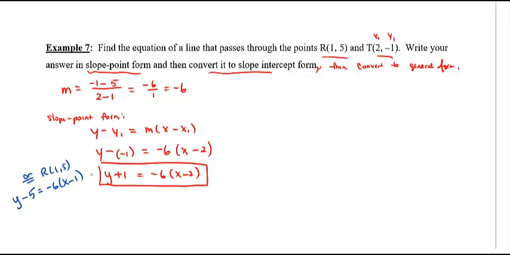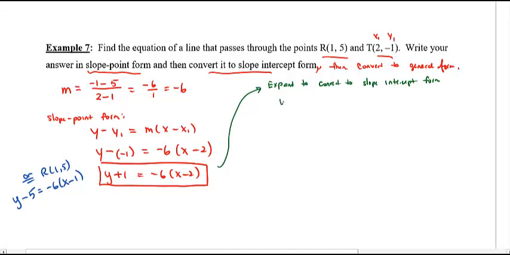Okay, now, can you convert them to slope-intercept form? So to do that, just expand and simplify. Expand to convert to slope-intercept form. So, if I distribute negative 6 times x minus 2, negative 6 times negative 2 is positive 12.